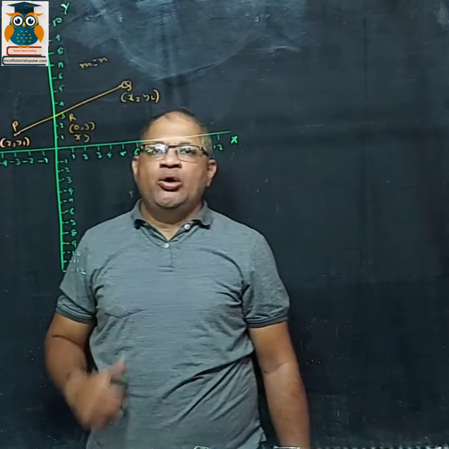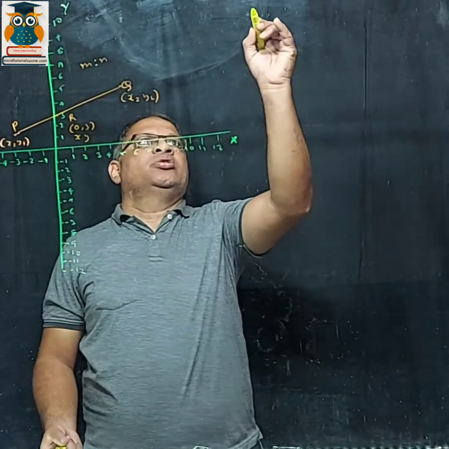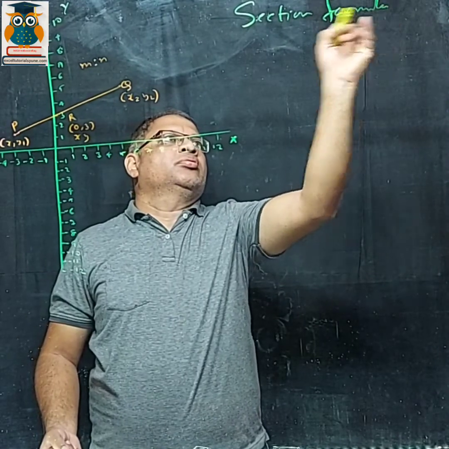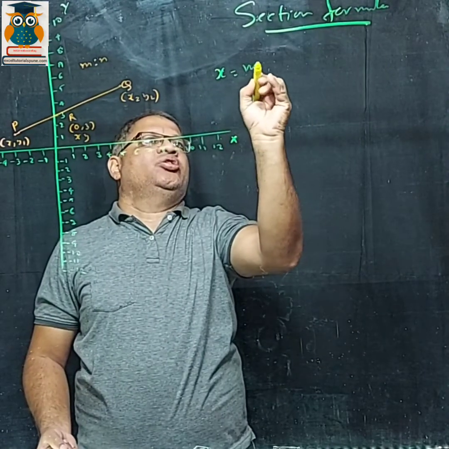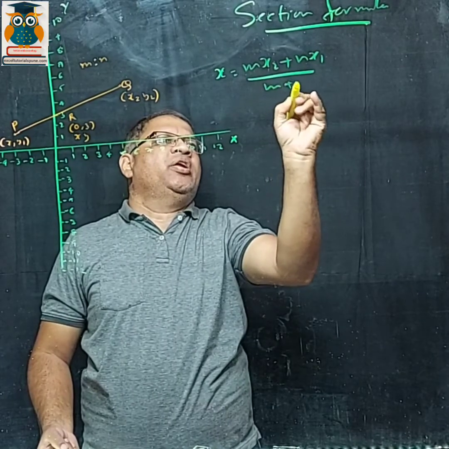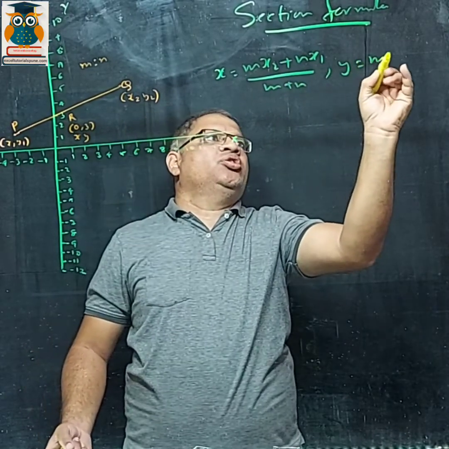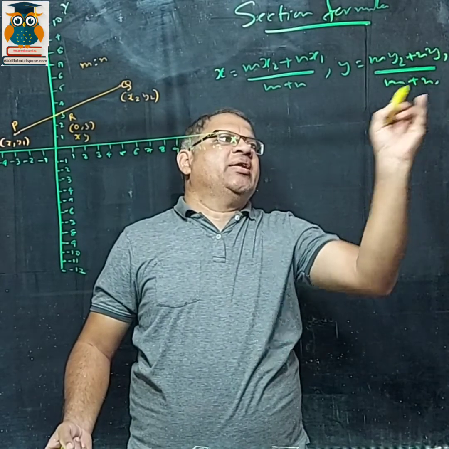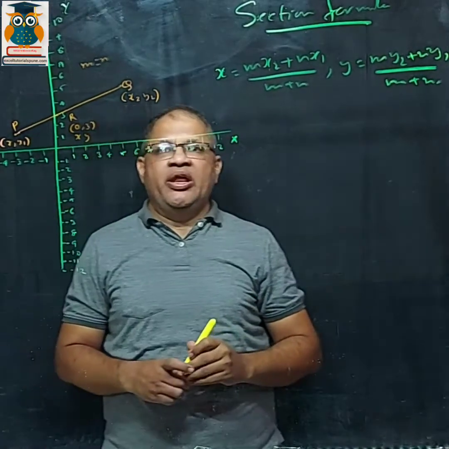Okay, so then how do you use the section formula? x is equal to (mx2 plus nx1) upon (m plus n). y is equal to (my2 plus ny1) upon (m plus n). So that's the section formula.